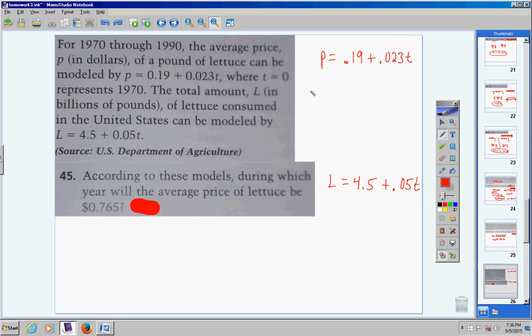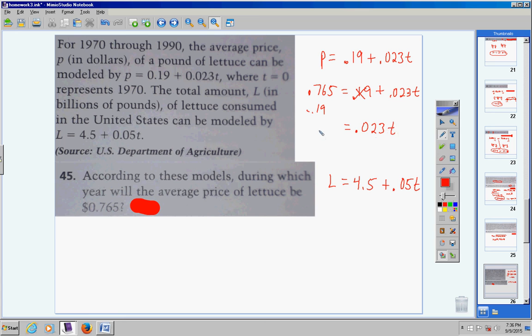P is 0.765. So 0.765 equals 0.19 plus 0.023T. So we're solving for T to find out what year it was. So bring your 0.19 over and make it a negative 0.19. If we do that correctly on the right side, we're left with 0.023T.